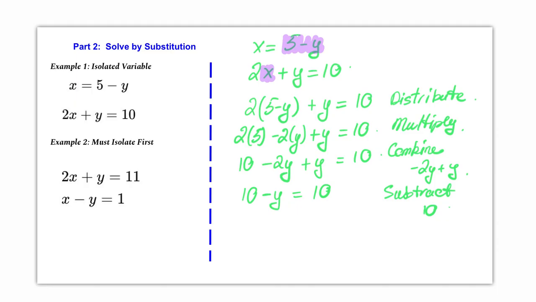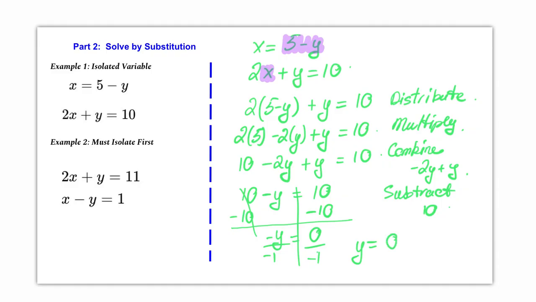And this means we're doing inverse operation because 10 is positive on both sides. Subtract 10 from both sides. And so negative y will equal 0. And since it's negative y, we have to make sure that we're dividing by negative 1. And that will make it y equals 0.